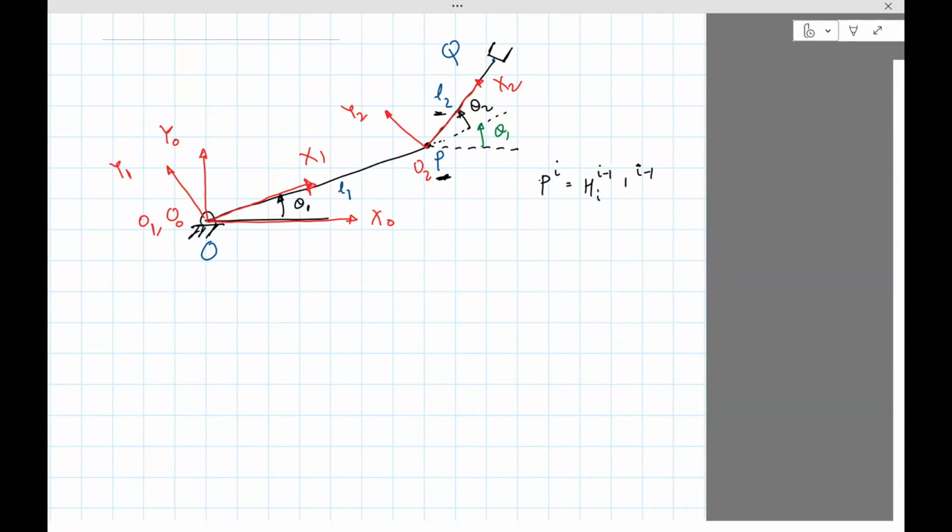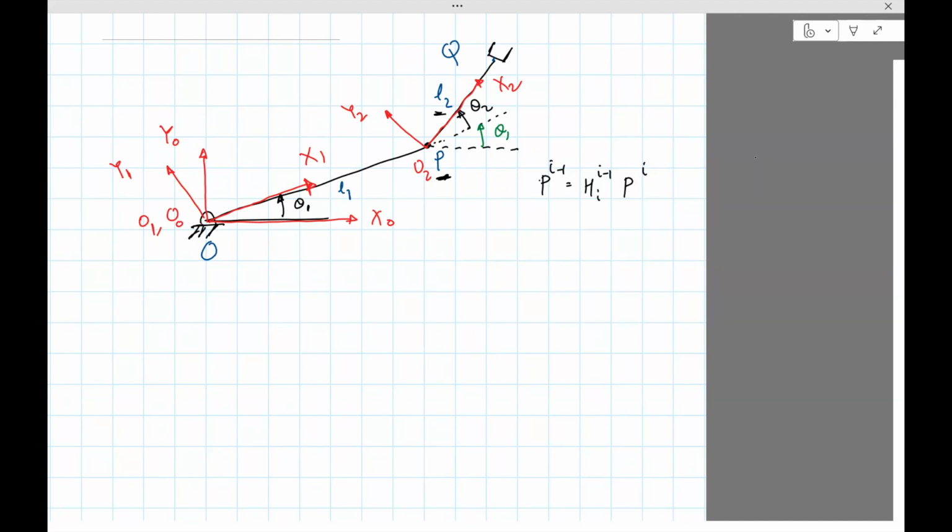Just use P. This should be I, my bad. This should be I minus 1. Now it looks good.